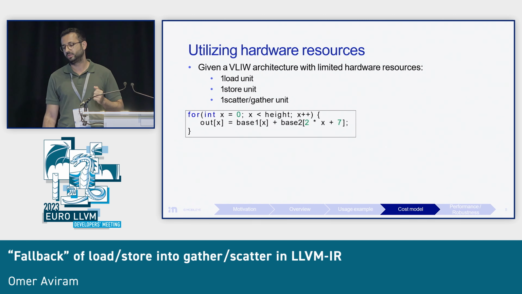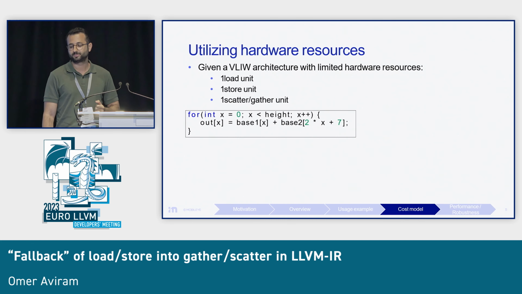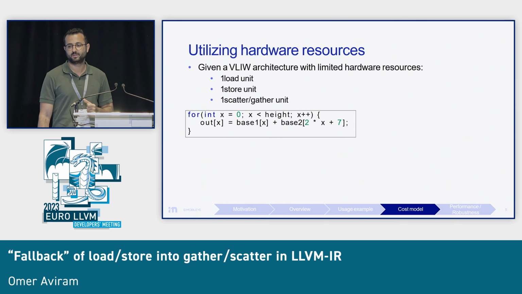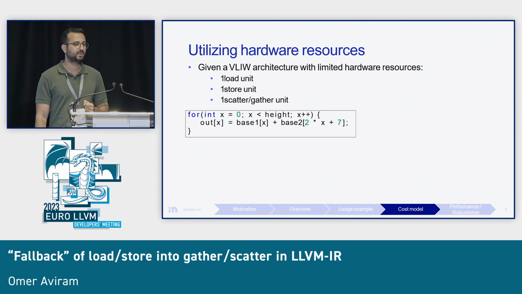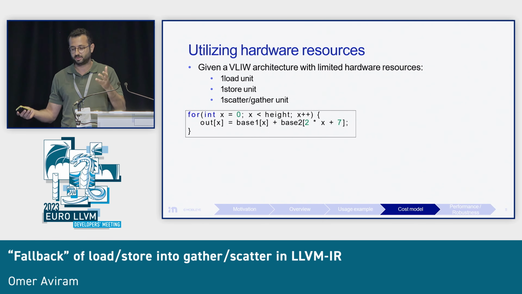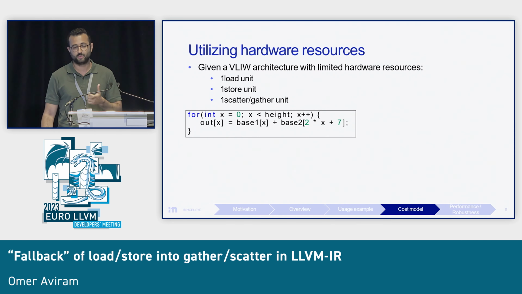We have 1 load unit, 1 store unit, and 1 unit for scatter gather in our hardware. So let's take a look at the example. We have a for loop again, but now we have 2 read operations, 1 from base 1 and 1 from base 2. So it looks like 2 loads, but again, we have only 1 load unit.